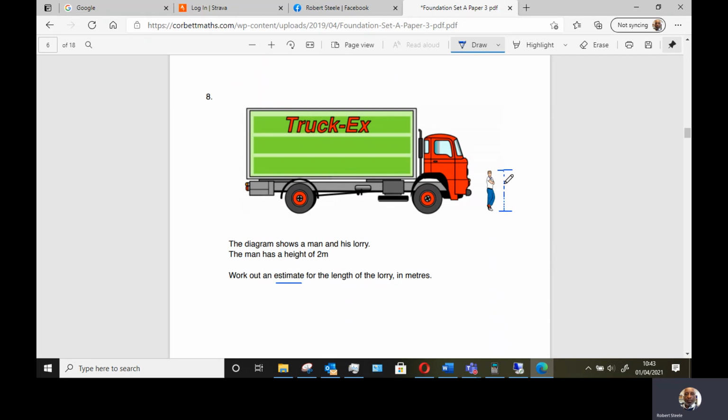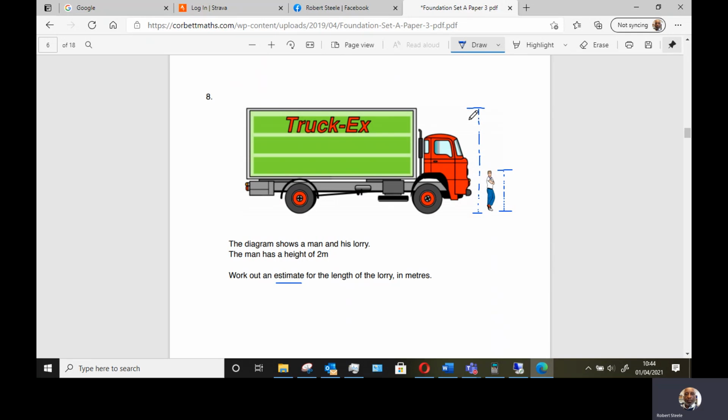And then measure the height of the truck, lorry. I'm going to compare these two distances, or these two lengths.